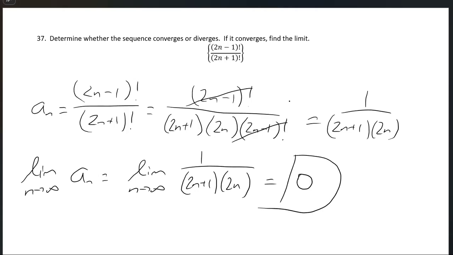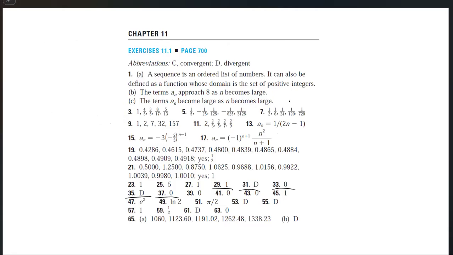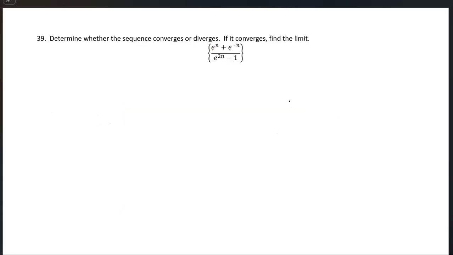Let's check. This is number 37? 0. Okay. Ooh, what about this exponential guy? Well, if we take the limit as n goes to infinity of e to the n plus e to the minus n over e to 2n minus 1, this is infinity over infinity, so we could use L'Hopital's rule.